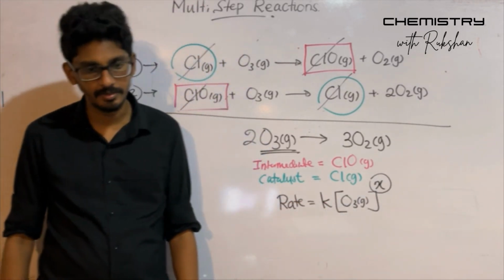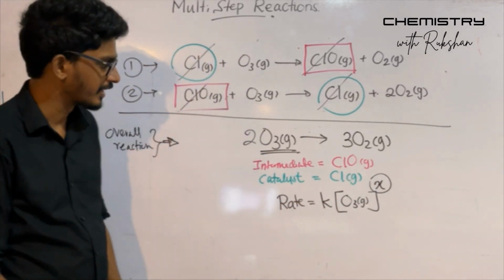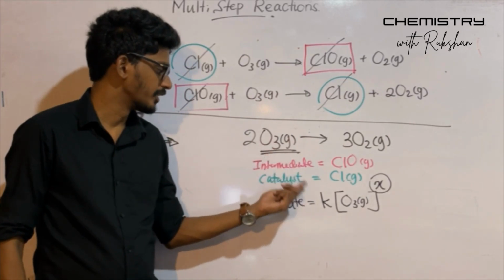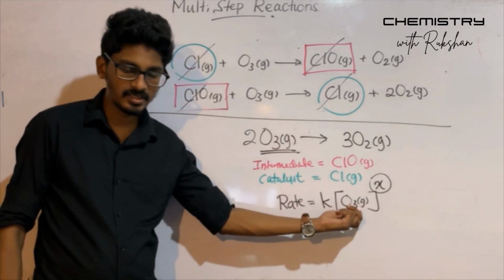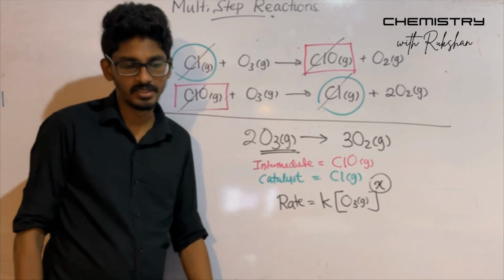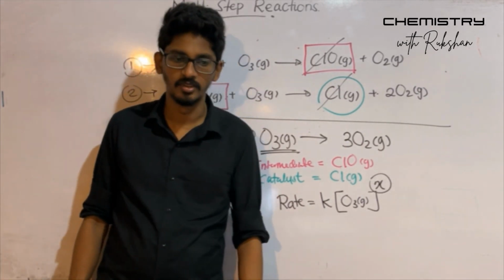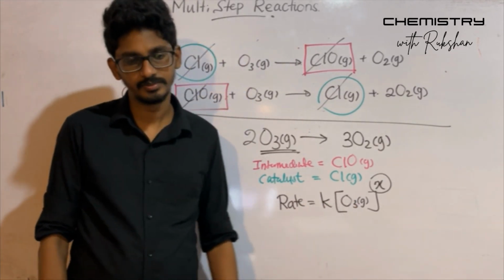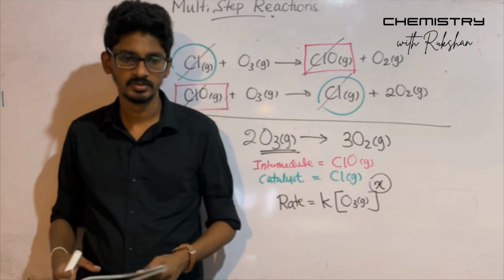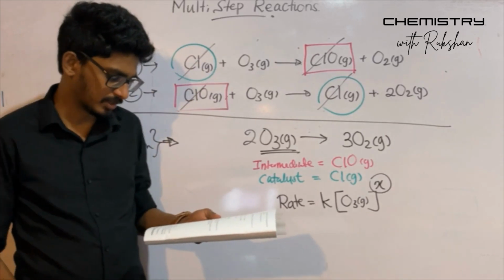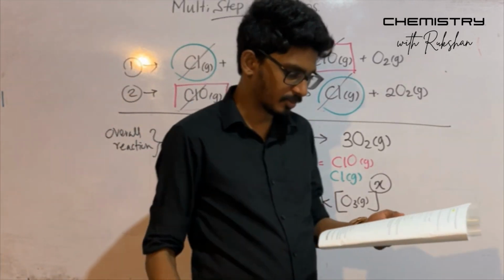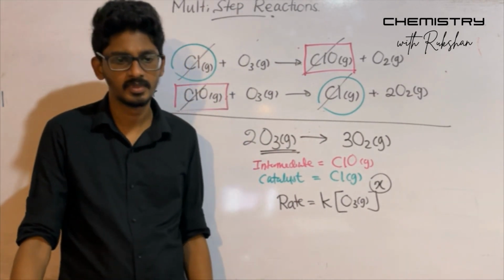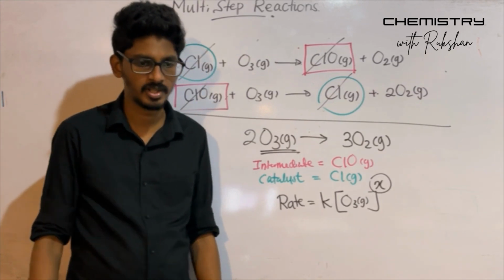Again, in the rate law, we are not going to write the intermediates or the catalyst. Only the reactants are involved, as intermediates and catalysts won't appear on the reactant side of a reaction. Got the idea? That is all about the second example, and you can go to the note there in the book. Alright. If you have any questions, you can ask now.